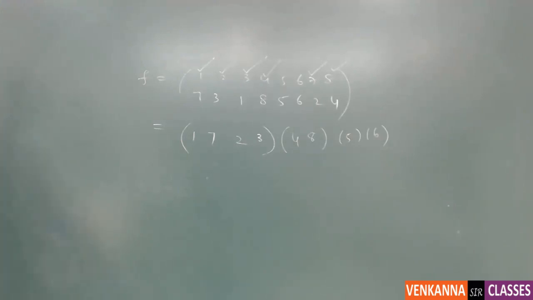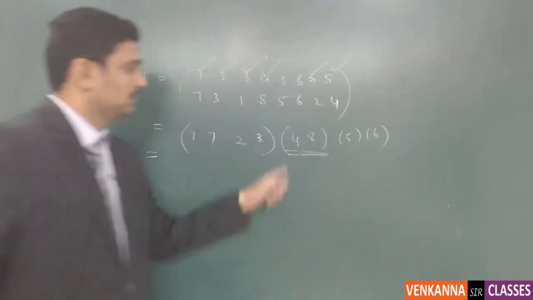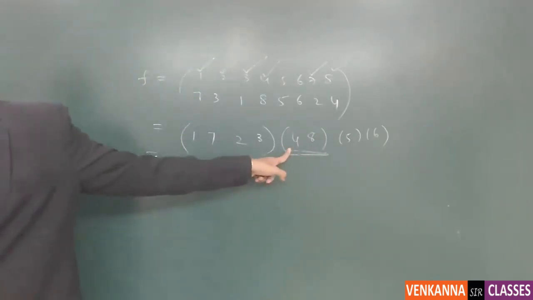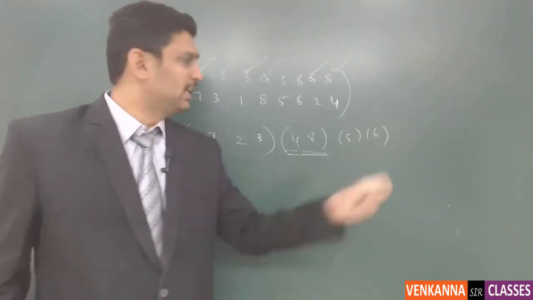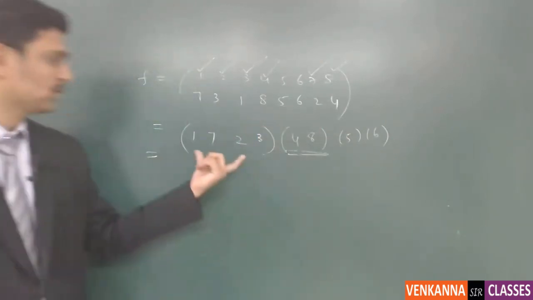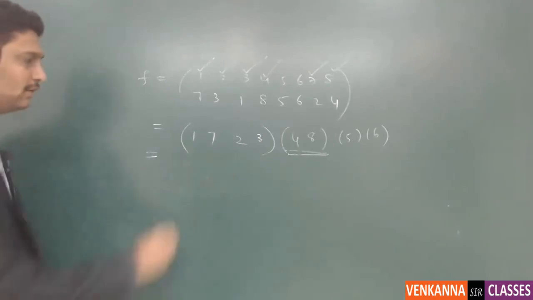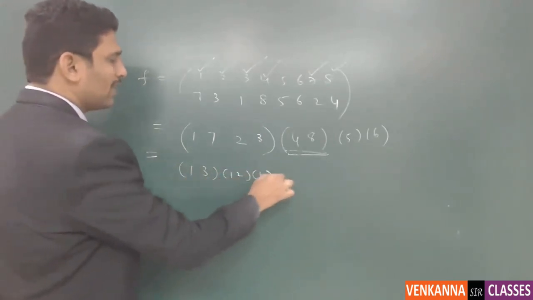Now, this is a transposition. There is no need to simplify this. This is a single element cycle. This is a single element cycle. There is no need to modify them. So coming for this, you have (1 3)(1 2)(1 7).